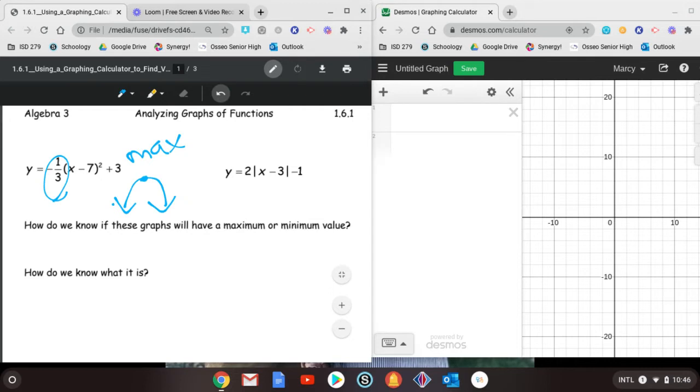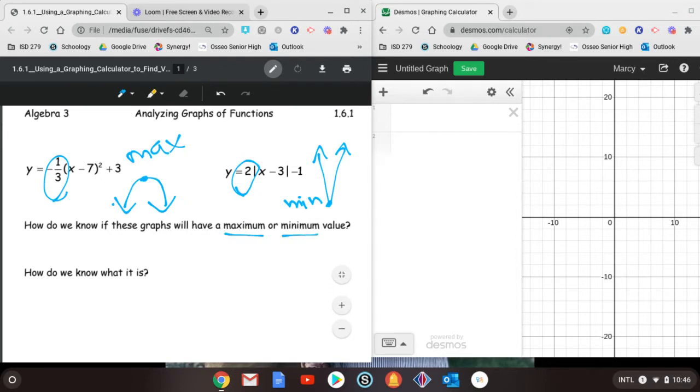Now, an absolute value normally looks like a V. We look at your A value, and it's stretched but did not flip. So it's just skinny. So this is your minimum. Use your previous knowledge from last chapter of your A value, whether it's flipped or not, to know if you're going to need a maximum or minimum value.